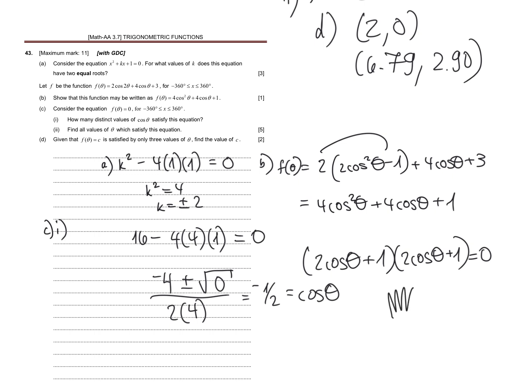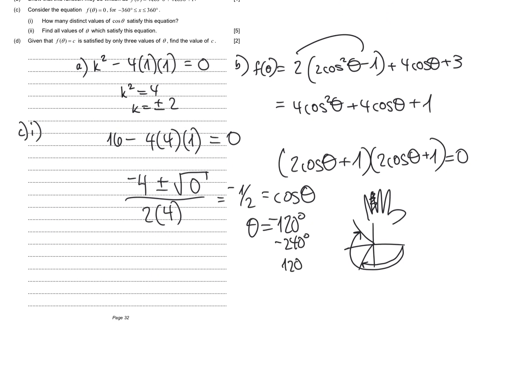That is happening here at pi over 3. And we are in degrees, so that's 60 degrees. Well, it's actually negative, so it's here and here. So negative 360, that's going to be 120, negative 120. Then that's going to be 180 plus, so negative 240. And then it's going to be 120 and 240 when you go around this way from 0 to 360.